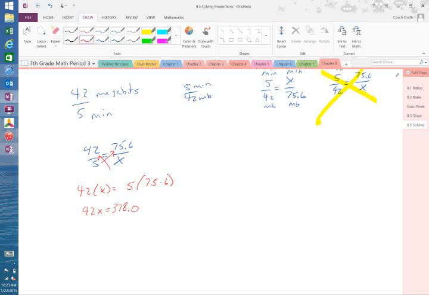Now I'm going to divide by 42. That cancels, giving me x is 42 into 378. Let's see, 42 times 10 is 420, so probably 9 times. And that would be 378. So it will take 9 minutes to transfer that information if the same ratio holds true.